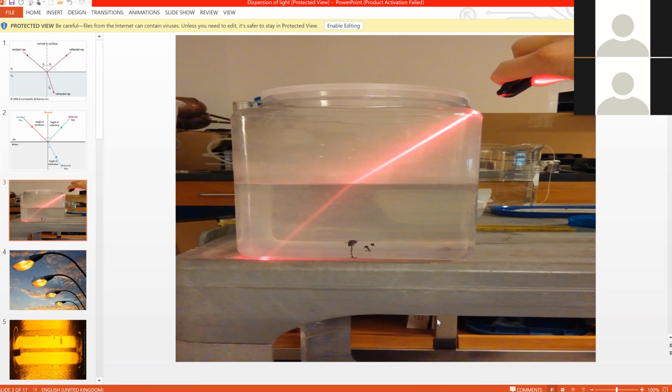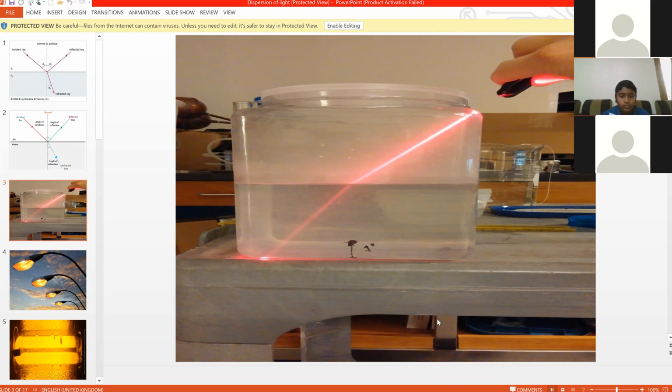There is a small bending of the light ray. This kind of bending is called a refracted ray. The bending of light when traveling from one medium to another is called refraction. This refraction happens when a light ray travels from one medium to the other.